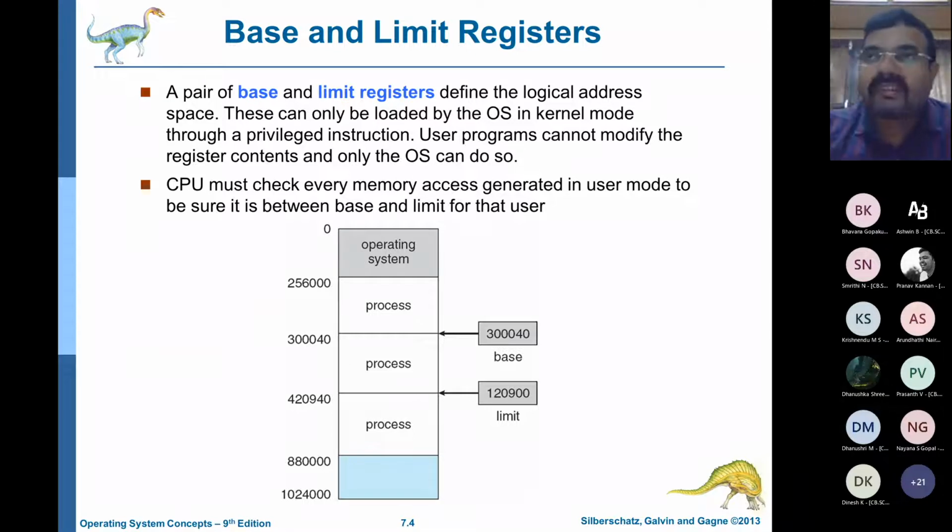Whether it is an instruction, a process, data, or anything to be executed, all of these lie in physical locations. But as far as the CPU is concerned, it doesn't understand this physical thing. It only works with logical memory.